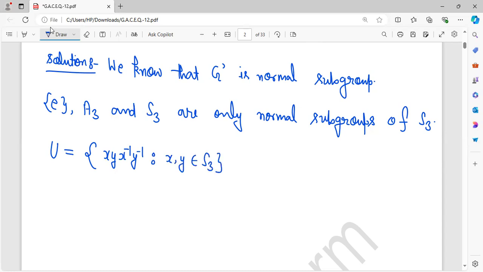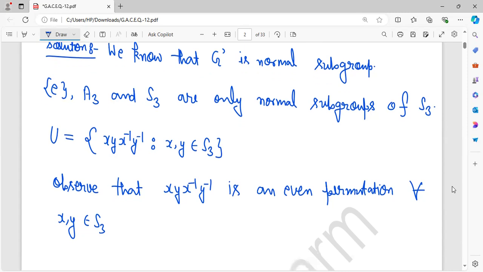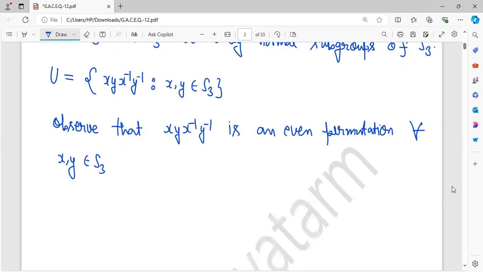Observe that x y x inverse y inverse is an even permutation for all x, y in S3, because we are taking x and its inverse, then y and its inverse.